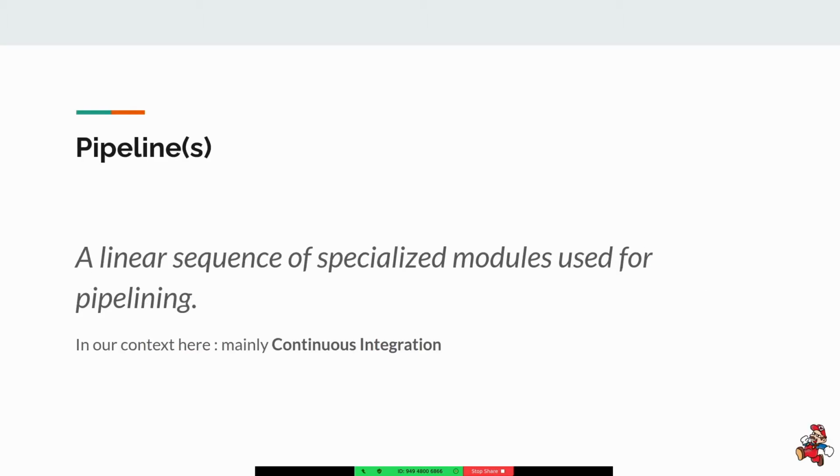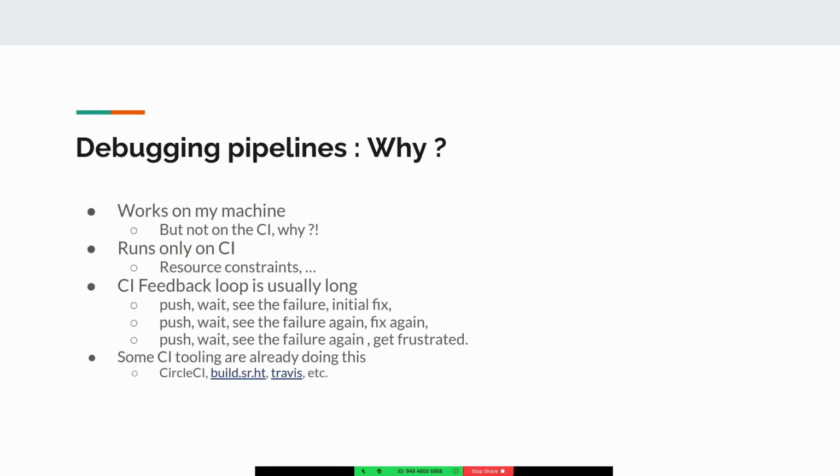Vincent? A pipeline usually is a linear sequence of specialized modules used for pipelining. Basically, this means you do a task or an action, then another action, then another action, and some can be in sequence, some can be in parallel.